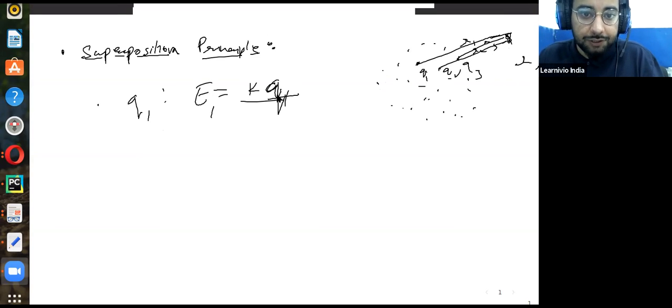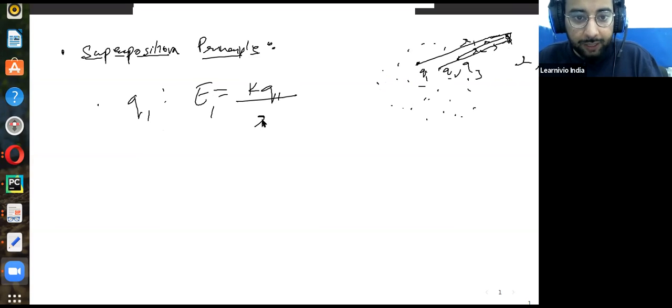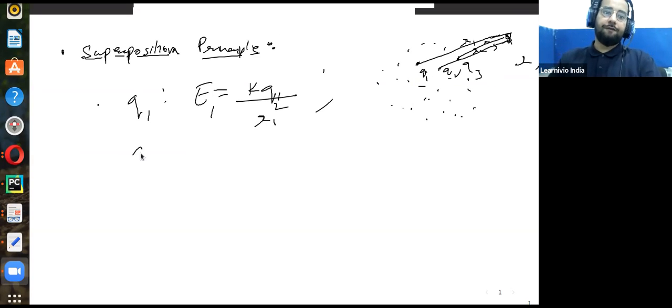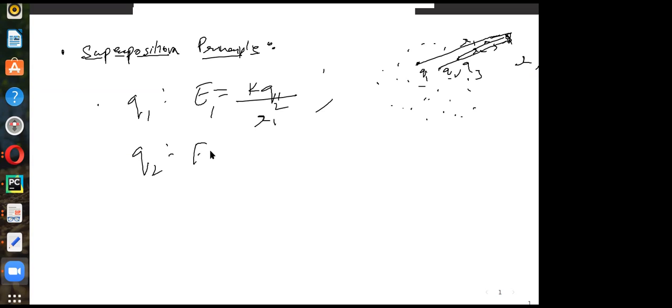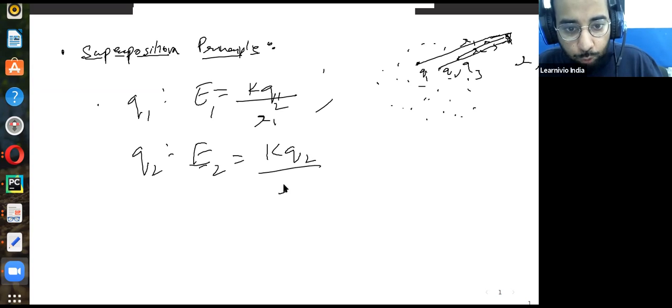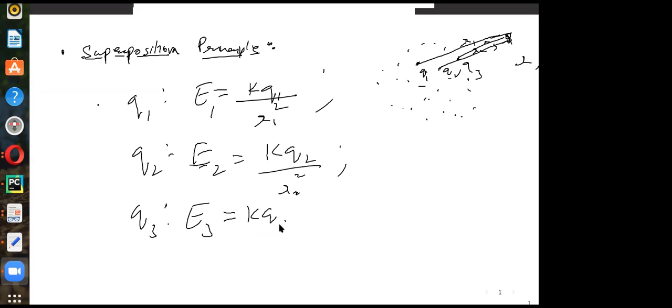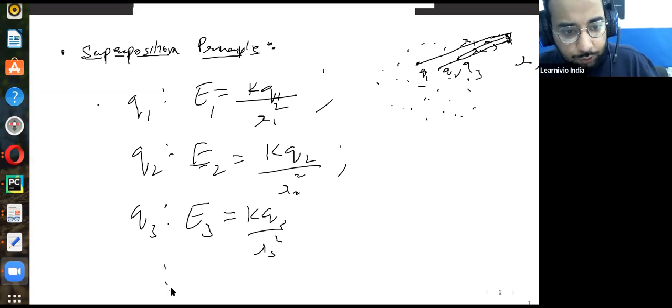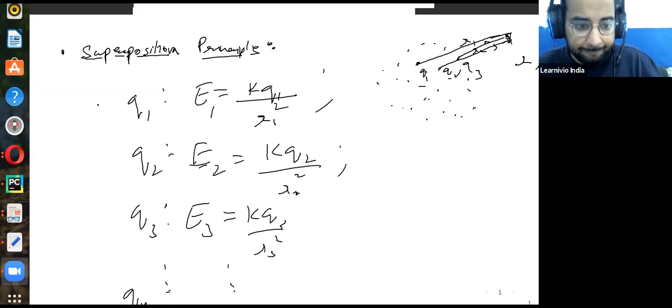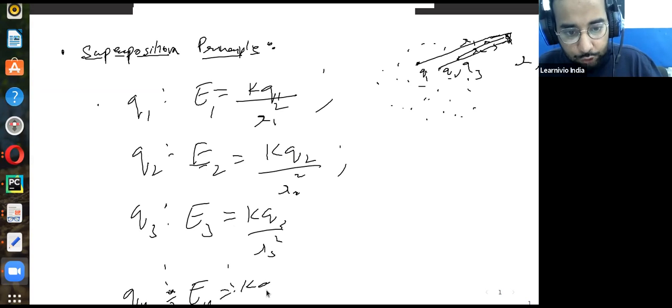So what you will have here is E1 equals k q1 over r1 squared, right? For q2, what will you have? You will have E2 equals k q2 over r2 squared. And for q3, again, you'll have E3, which is going to be k q3 over r3 squared, and so on and so forth, up till qn, which will have En equals k qn over rn squared.